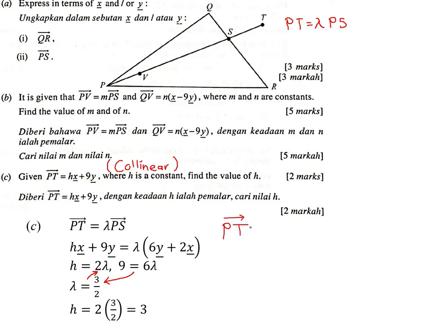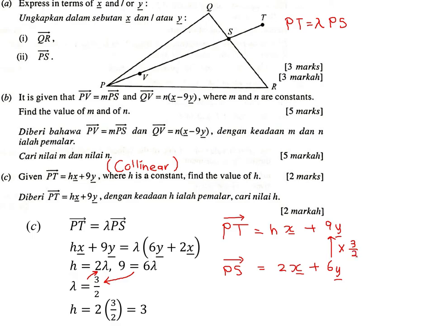PT is equals to hx plus 9y. Okay, the second vector we refer here is PS, right? PS is equals to 2x plus 6y. Since we know already they are parallel, then we should know the change of x should be the same as the change of y. So can you please tell me 6 to 9 we're supposed to multiply with what value? 3 over 2. 3 over 2 or 1.5, correct?